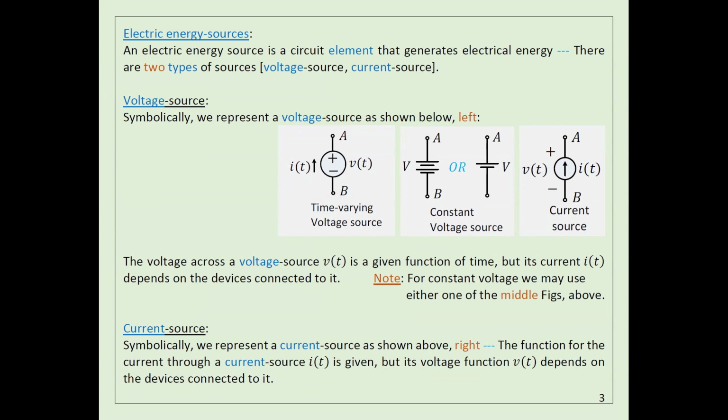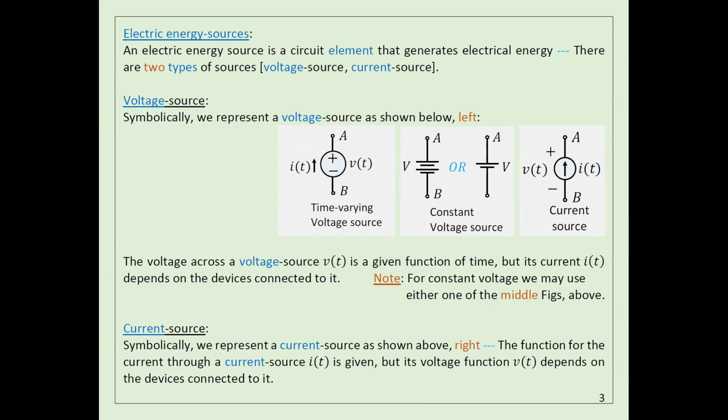Also here I told you we have voltage sources and current sources. Both of them are energy generators, so they generate electrical energy to the circuit. The main difference between them is that for the voltage source, the voltage should be constant, but the current changes based on the rest of the circuit.